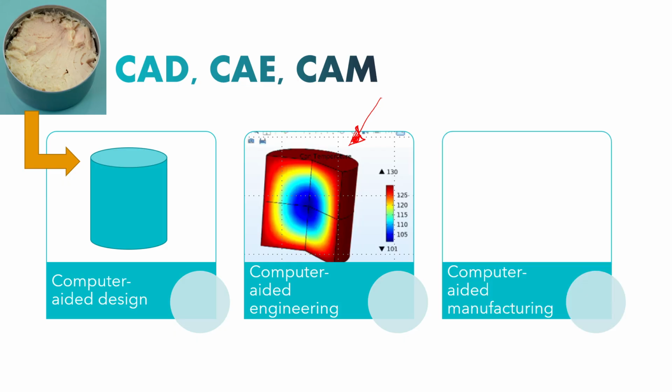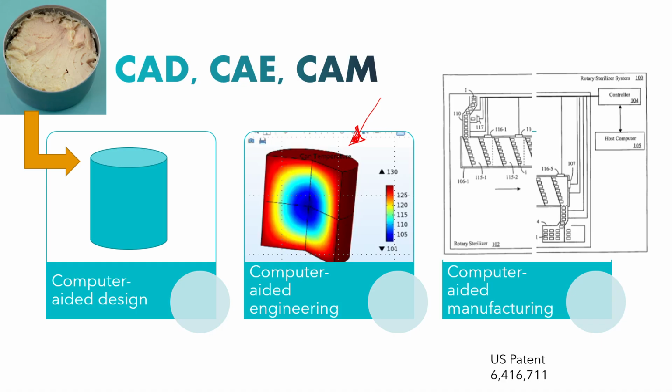Computer aided manufacturing, on the other hand, is basically interfacing the actual equipment. So in this case, this is a canner, and that could be controlled by a host computer. So this is what I would call computer aided manufacturing.